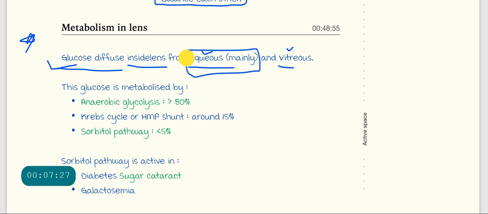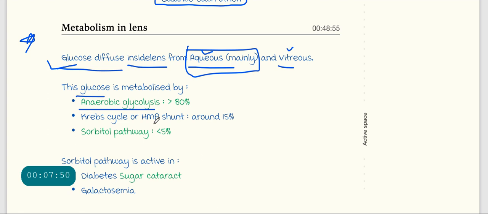Now the glucose is further metabolized by anaerobic glycolysis, and more than 80% of the glucose is metabolized in the lens by anaerobic glycolysis.